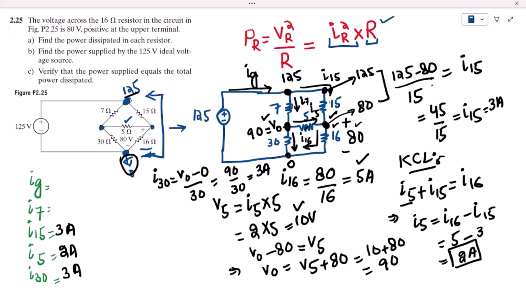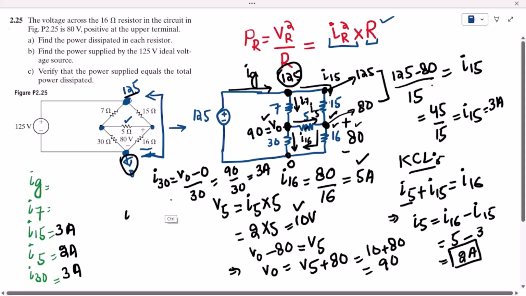Now the only remaining current is this I7. Again, the potential or the voltage at this point is known. So 125 minus V0 divided by 7 will be I7. So the value of I7 is what? Sorry, let me write it somewhere else. So let me write it here.